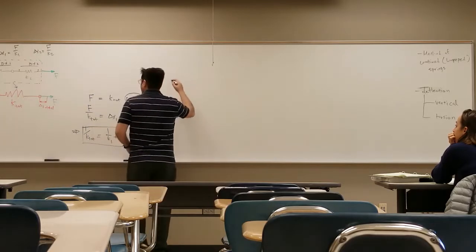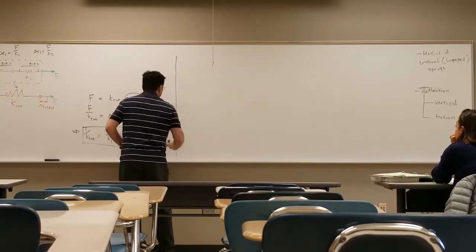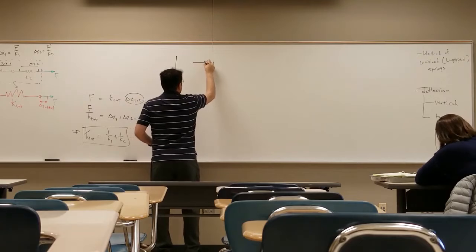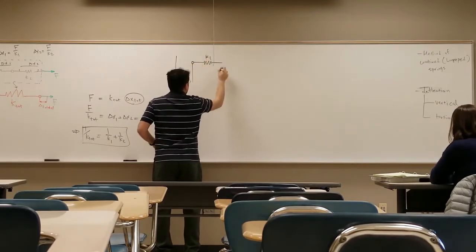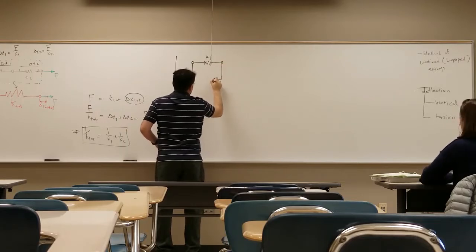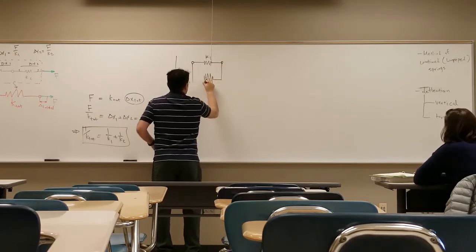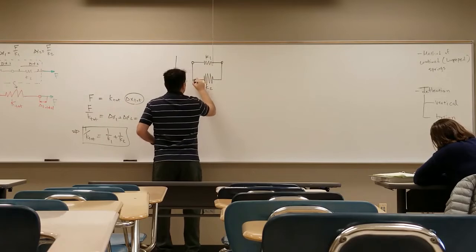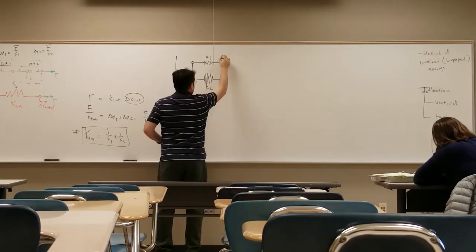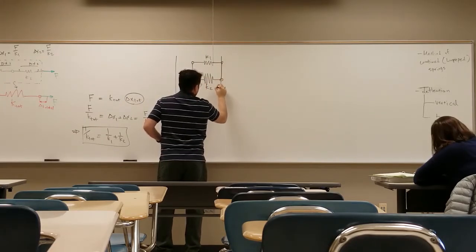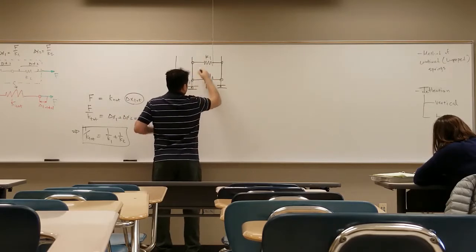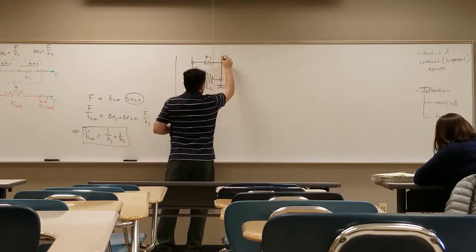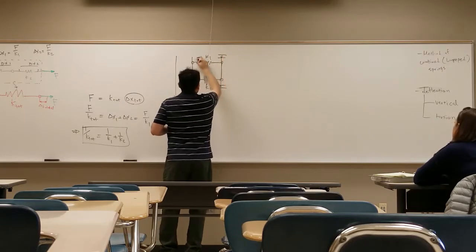Now, let's go to another configuration. Let's say I have two springs, K1 and K2, connected in parallel. And let's say this connection can only move in the x direction, not in the y direction.